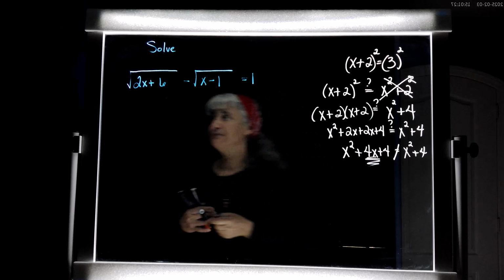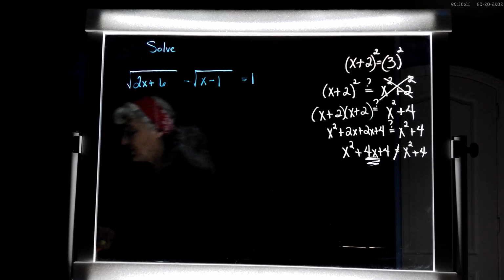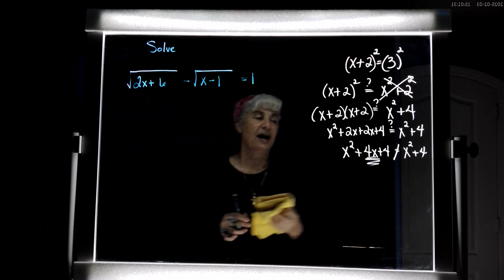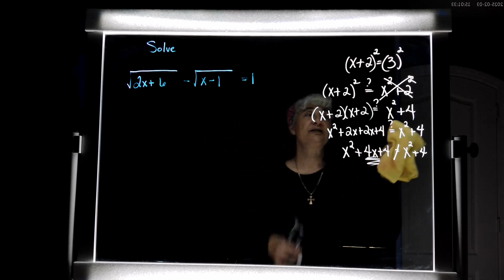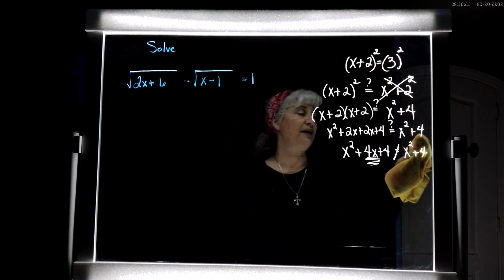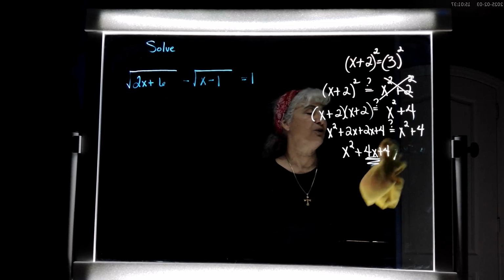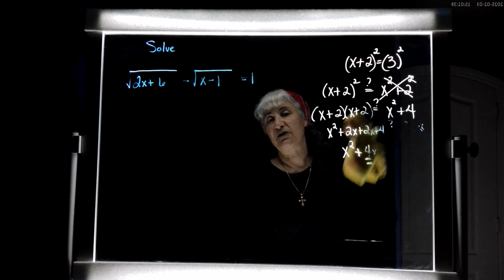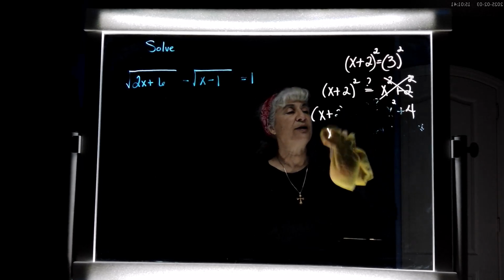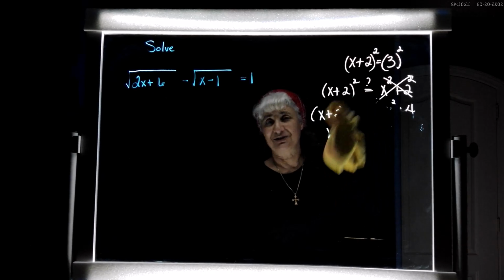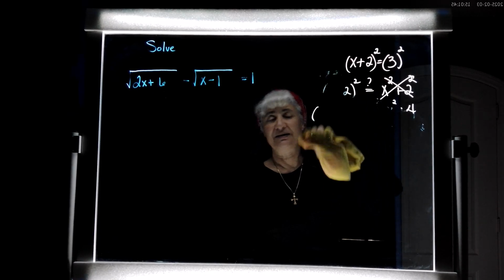So here's the deal. I have got this problem. I am going to want to square both sides. But I'm telling you right now, you don't want to square both sides when you have two radicals on the same side.